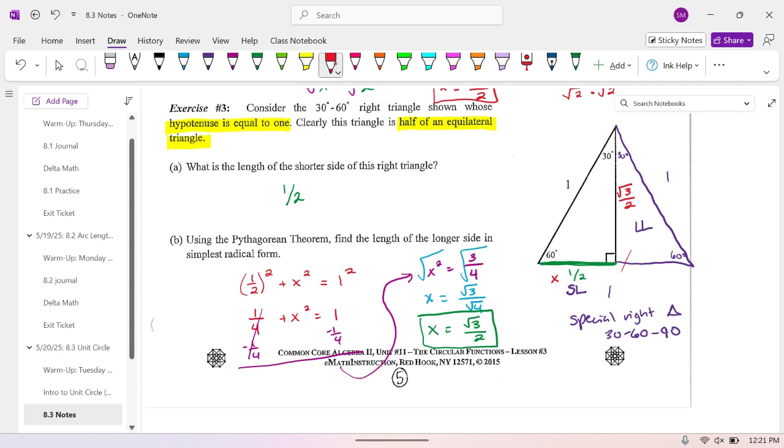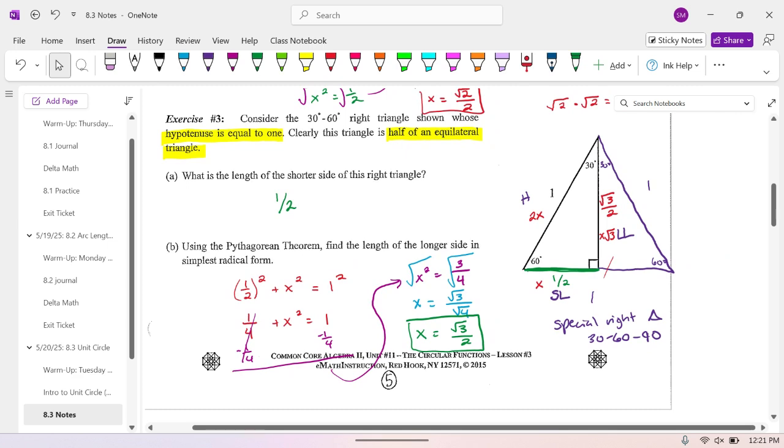So this would be X times the square root of 3, which 1/2 times the square root of 3 is, in fact, square root of 3 over 2. And then to get to the hypotenuse from the short leg, we would just multiply the short leg by 2, which 1/2 times 2 is, in fact, 1. All right.